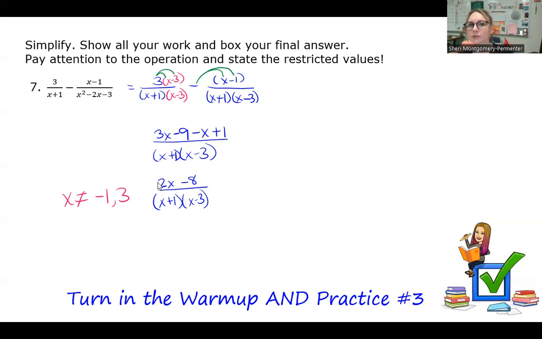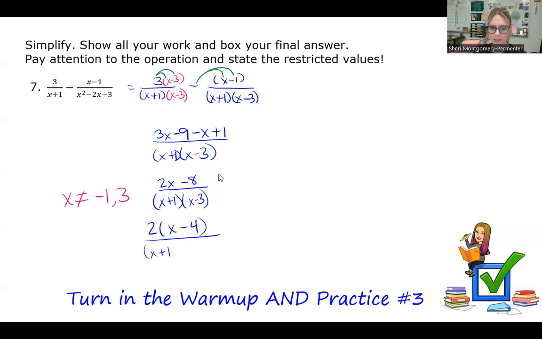For this one, can you? There's nothing that divides into 2 and 8. Yeah, there is. 2 goes into 2 and 2 goes into 8. We're only going to pull out a 2. So I could pull out a 2 and then I'd be left with an x minus 4. Natalie, my brain goes fast like that too.